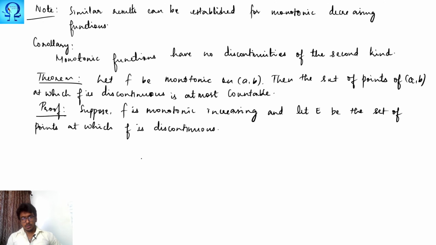So this is the set of points at which f is discontinuous. We have collected the discontinuities of the function f into a set E. Now what we are going to do is that for every x in E, we associate a rational number.